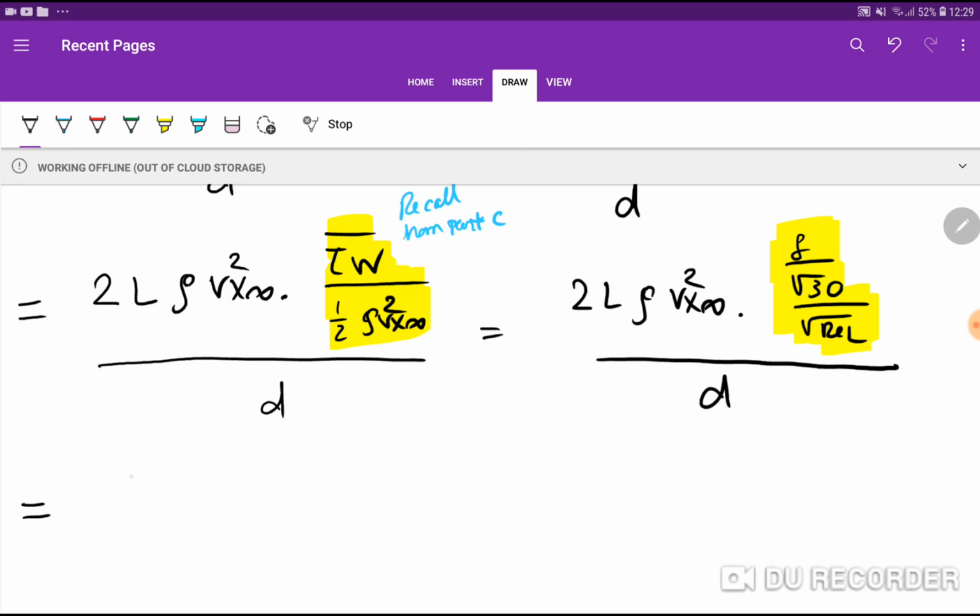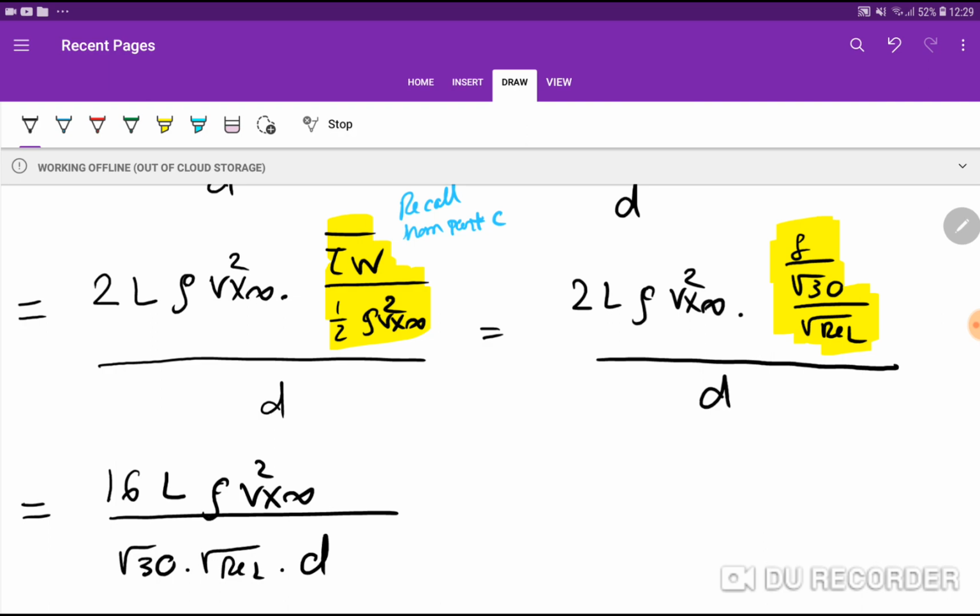Okay, so it should be 16L rho Vx infinity square over square root of 30 times square root of Re_L times D, right? Okay, wonderful. What is square root of Re_L?